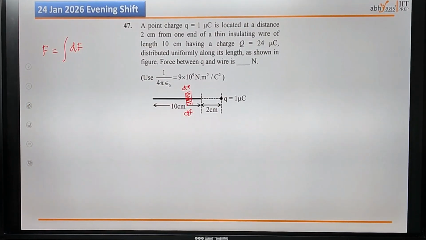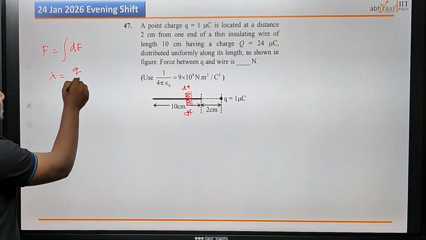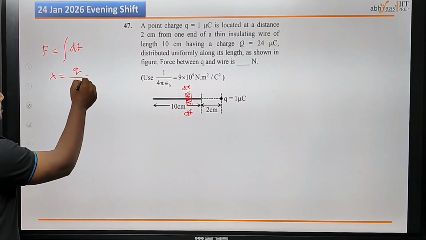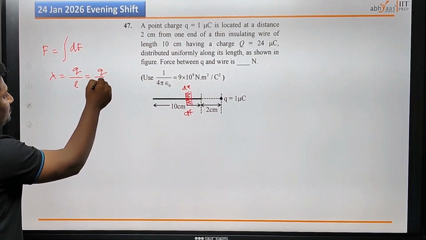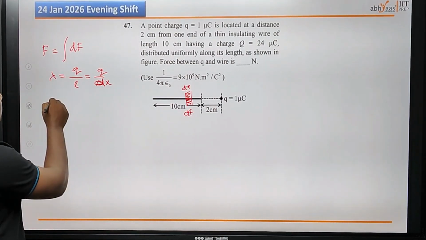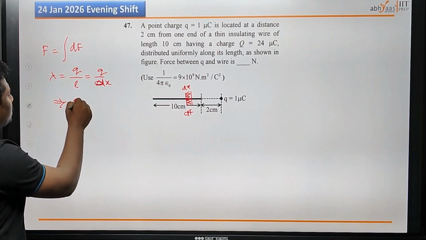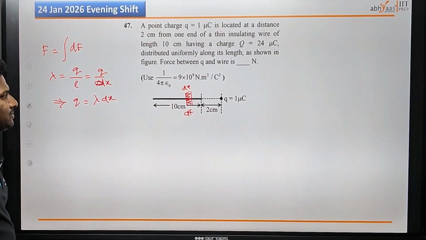Before going to the solution, lambda can be written as Q by L. That is nothing but dq equal to lambda dx. From this one, dq can be written as lambda dx.